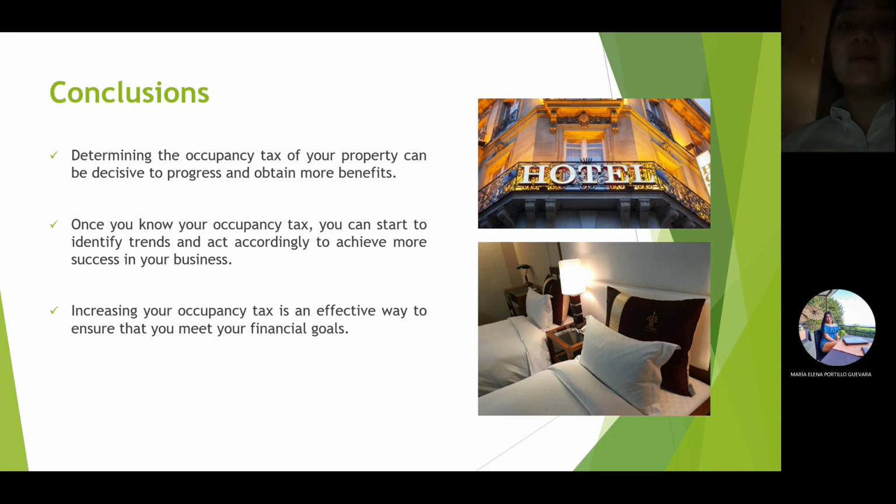Second, once you know the occupancy tax, you can start to identify trends and act accordingly to achieve more success in your business, because you're going to detect more strategies to win against the competition. The third conclusion is that increasing your occupancy tax is an effective way to ensure that you meet your financial goals.